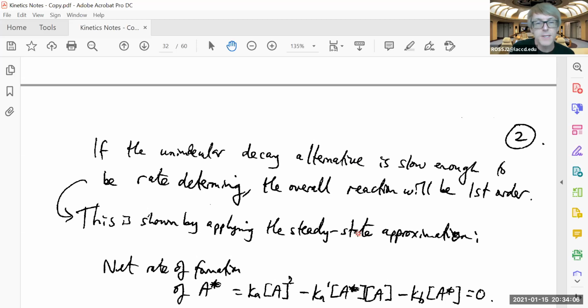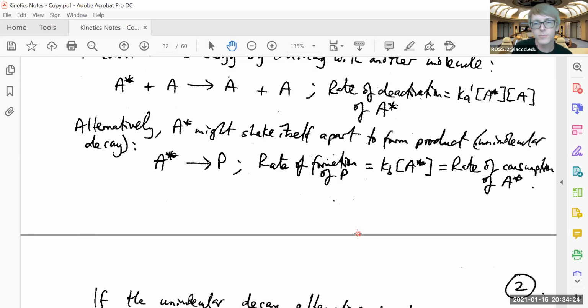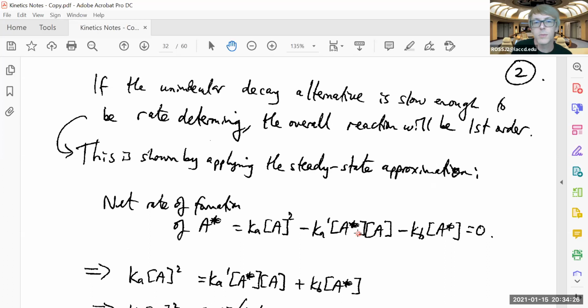It is reasonable, but it's not as simple as it looks so far. If the unimolecular decay alternative is slow enough, so if that last process, the activated complex becoming the product, is slow enough to be rate determining, the reaction will indeed be first order, as we saw. Problem solved. Well, not quite.